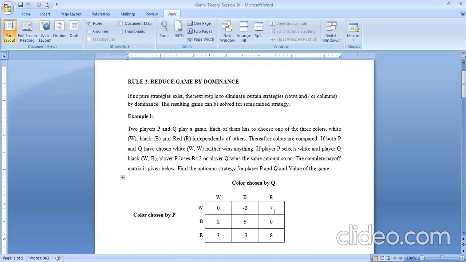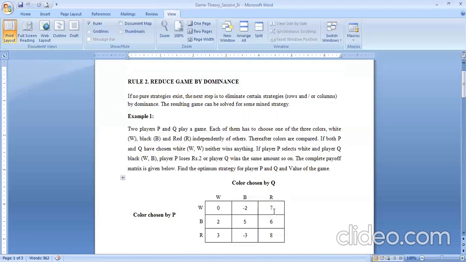First, let us understand what exactly the dominance rule is. Dominance rule means the rows which are dominating or the columns which are dominating compared to the remaining ones are to be considered for elimination in the payoff matrix to reduce it to 2 by 2.